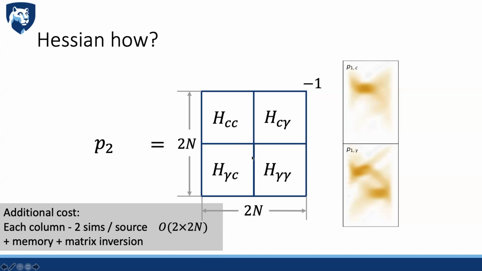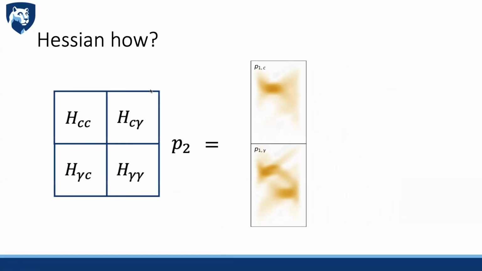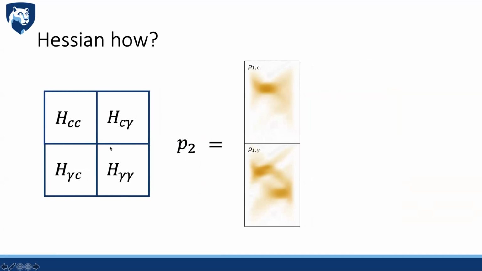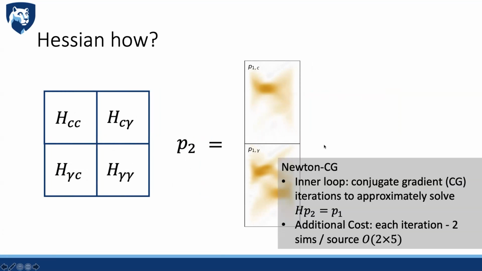But we have good news, which is that we actually have a workaround. We can put the Hessian on the left-hand side and solve this linear system approximately. Intuitively, it's like we try different P2 until the left-hand side approximately equals the right. And actually, we can do something a little bit more sophisticated than that. Instead of random trying, we adopt this so-called Newton CG method, which uses an inner CG loop to solve this linear system approximately.